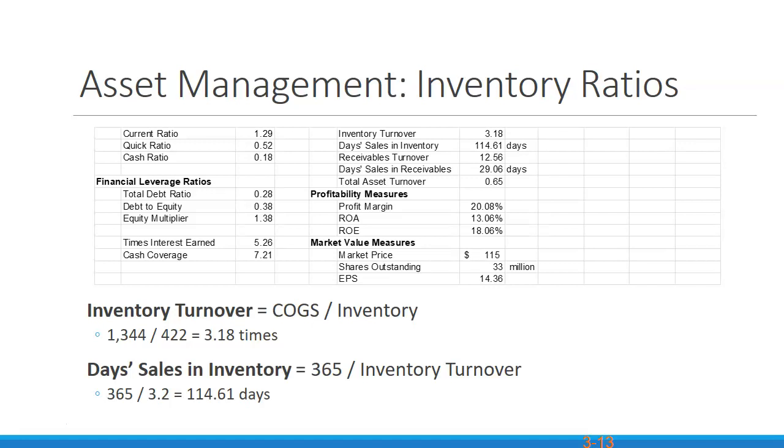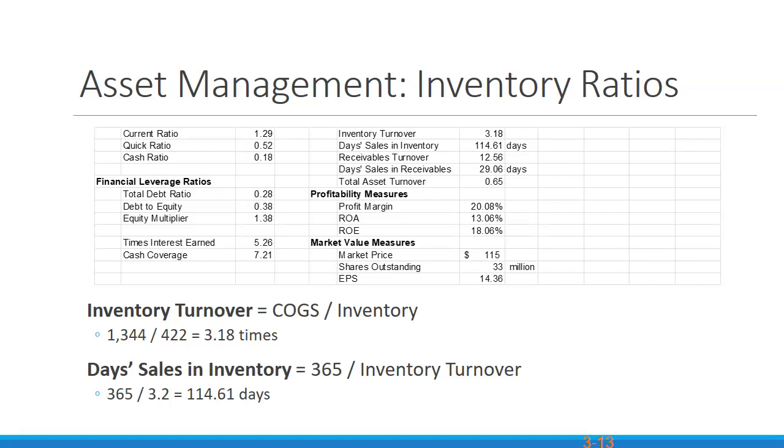We then divide that number. We take 365 and divide it by our inventory turnover, and that tells us on average how many days a piece of inventory sits on our shelf or in our warehouse or in our parking lot for a car salesman before it is sold.